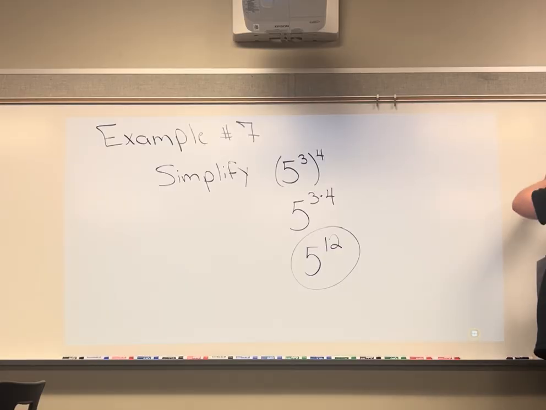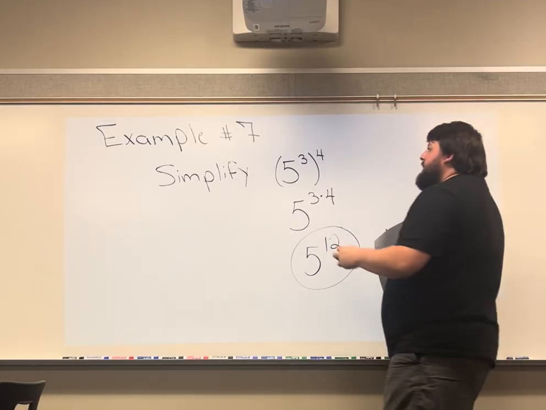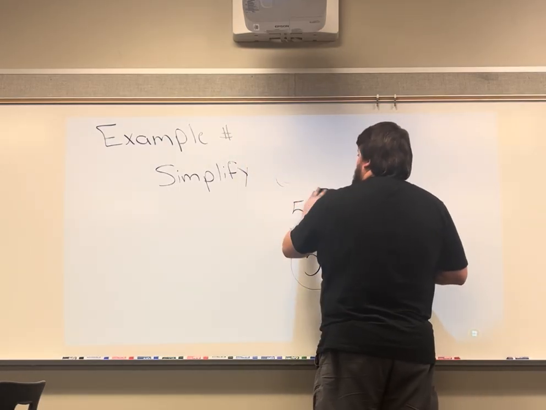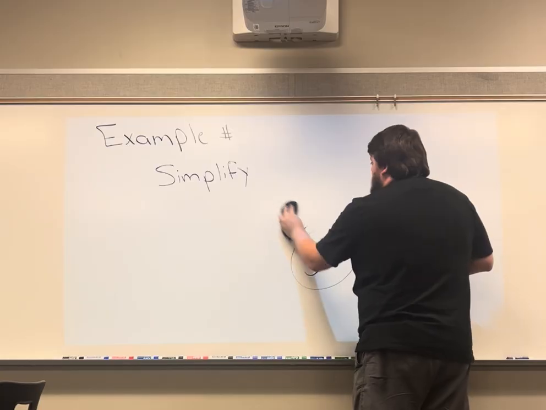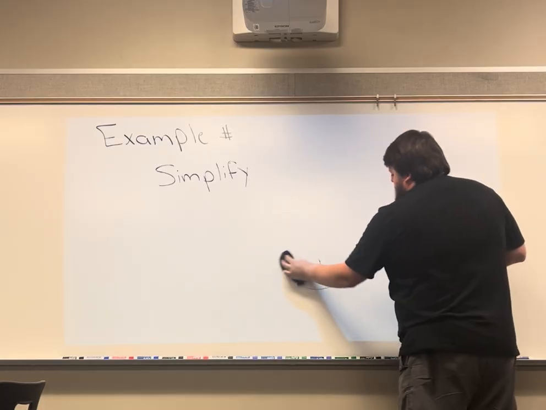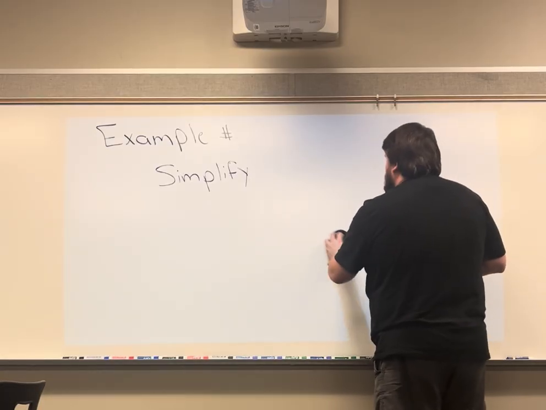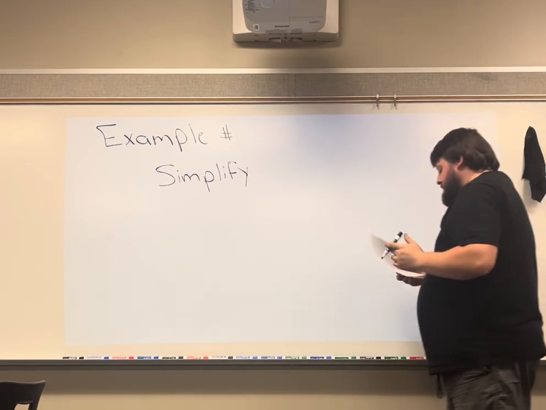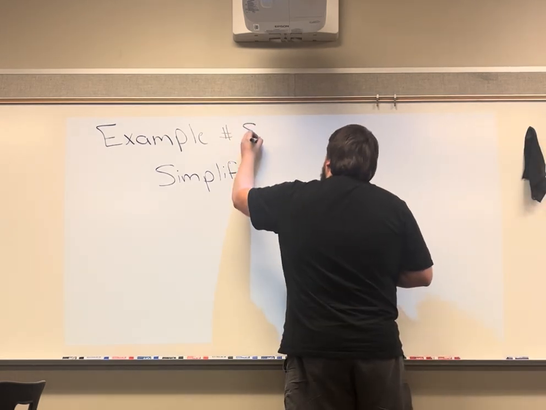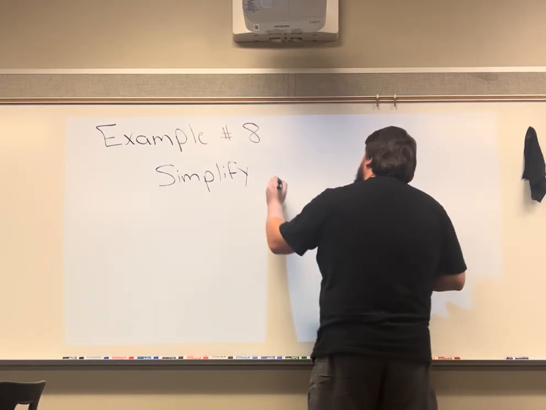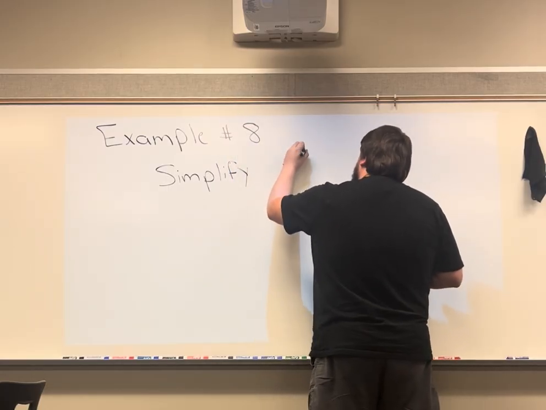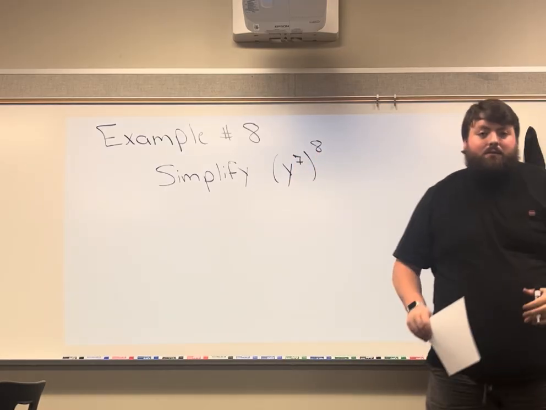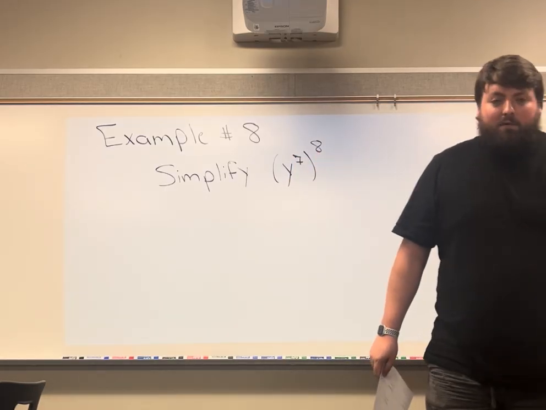Example 8 is the exact same type of problem. Very basic, just one variable is all we're worried about, one power. We really don't have a coefficient or anything else like that to worry about. So we're looking at strictly just a power of a power. So example 8, we take y to the 7th to the 8th power. Same thing, different base.